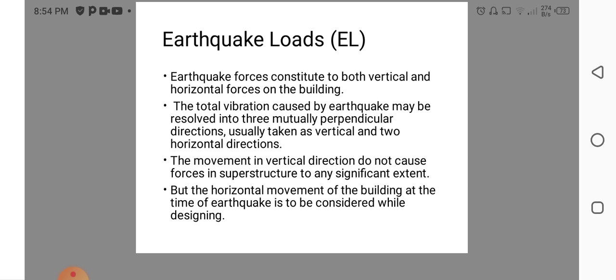We can say that vertical forces do not damage much in any structure, but horizontal forces are considered to be very dangerous. So design for earthquake load is considered where earthquake-prone areas are present.